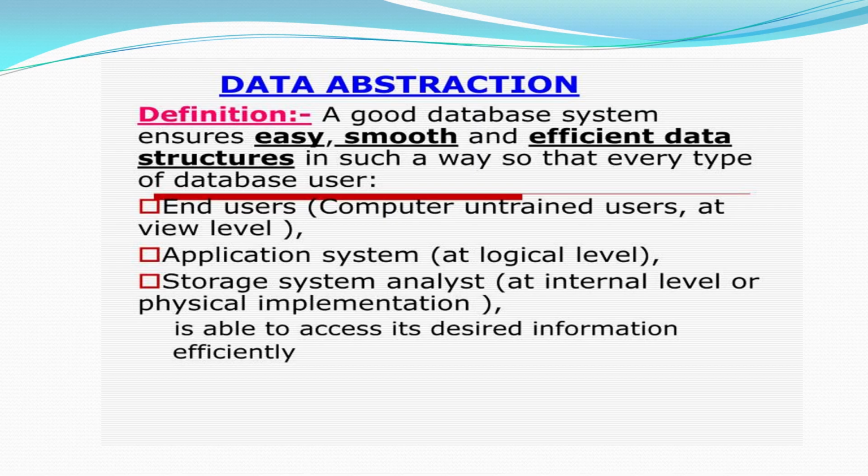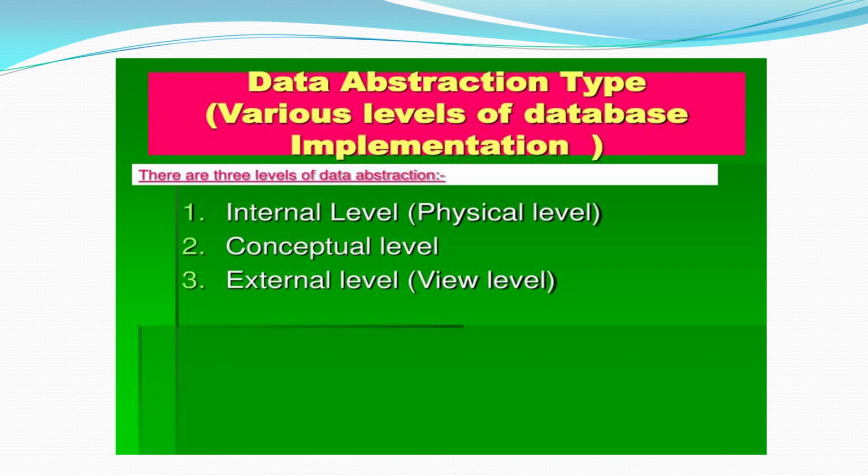And the data abstraction concept hides the details of data, and we have already discussed different data models and the different views of data or abstraction levels, like the internal level, conceptual level and external level or view level of data.